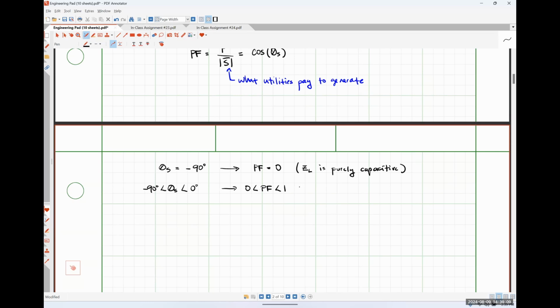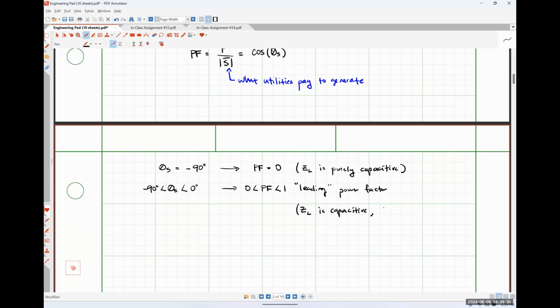And we can say that this is a leading power factor.